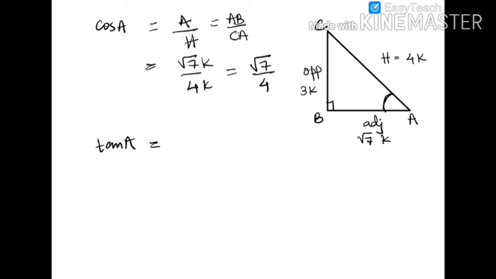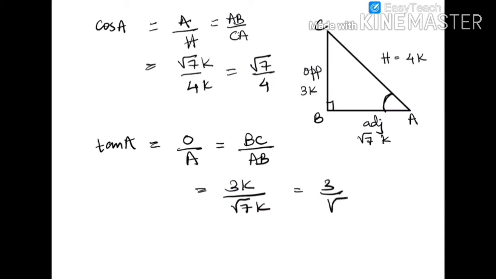Tan A is opposite upon adjacent, so that is equal to BC upon AB. On substituting, 3k upon root 7k, which is 3 upon root 7.